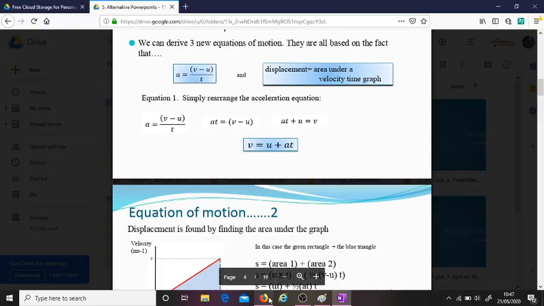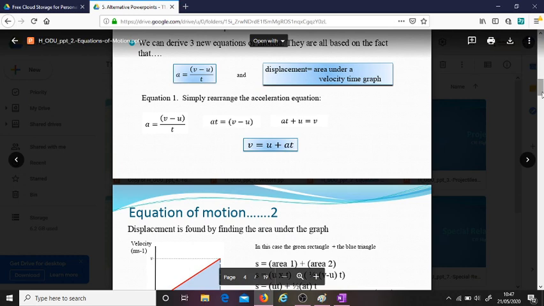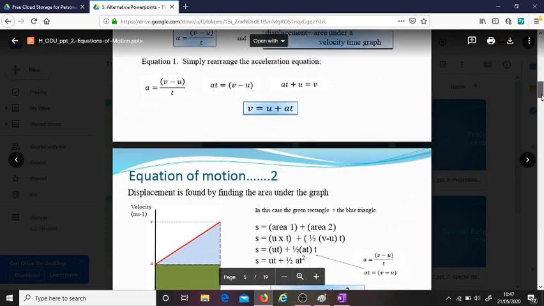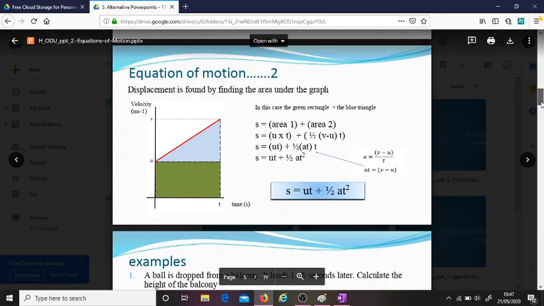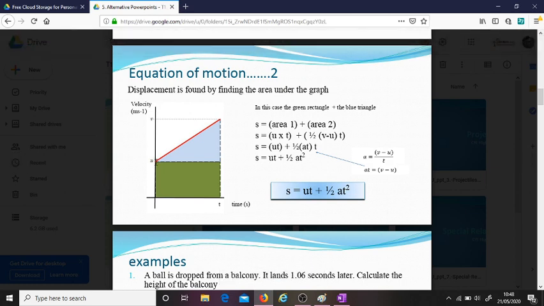Now if we look at the area under a graph, for this graph here we have the initial velocity not at 0, so it's at some other value, and then going up to the final velocity.